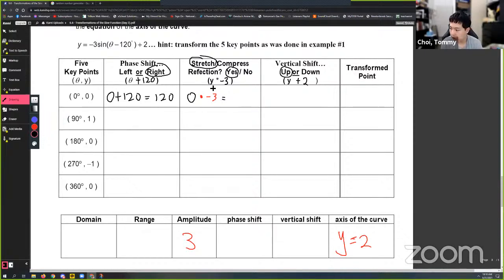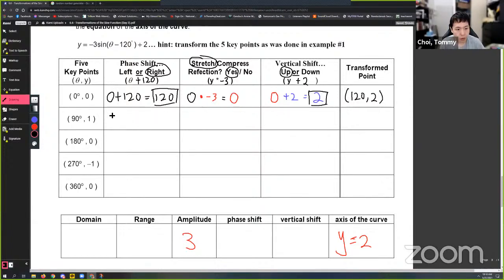What's 0 times negative 3? Well, that's 0. We then take that 0 and we add 2 to it, and that's going to give us 2. So our final point is 120, comma 2. We take this and we take this, and that's going to give us our final transformed point.